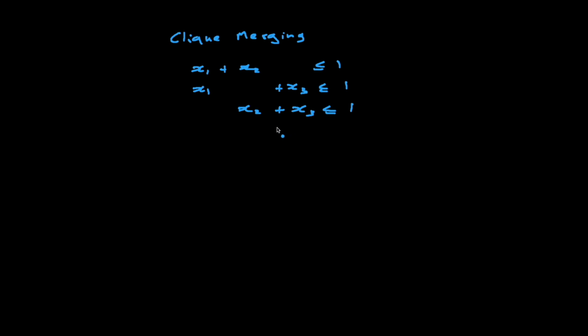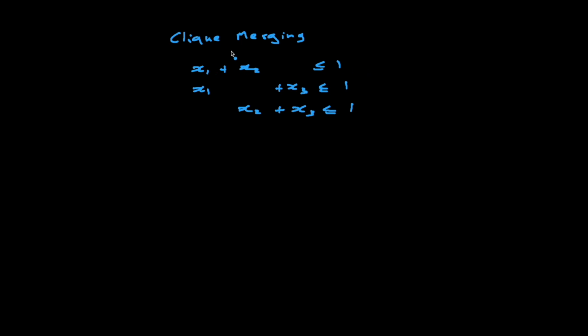Sometimes instead of x2 we have 1 minus x2 or 1 minus x3, but that's easy to replace. So we are going to look at this kind of constraint. These are more like packing type constraints: at most one of them can be packed in our bag. These are also called cliques.